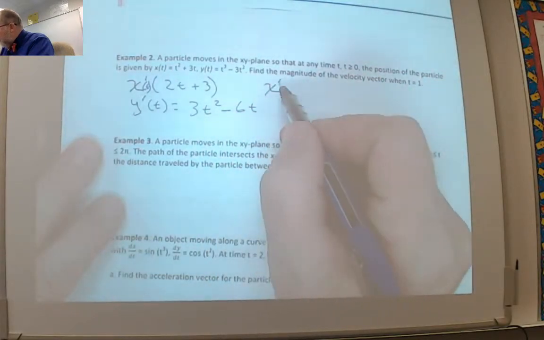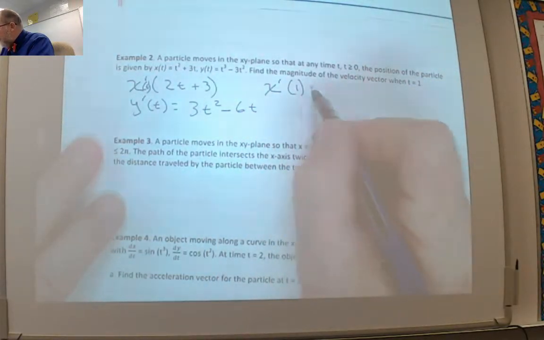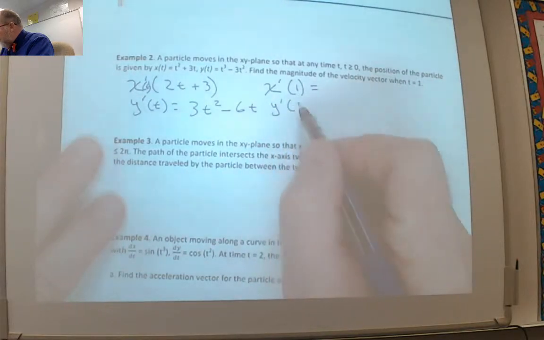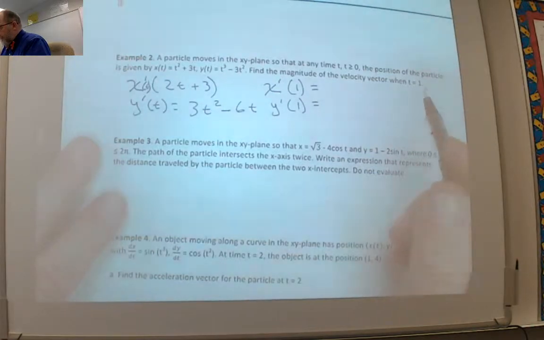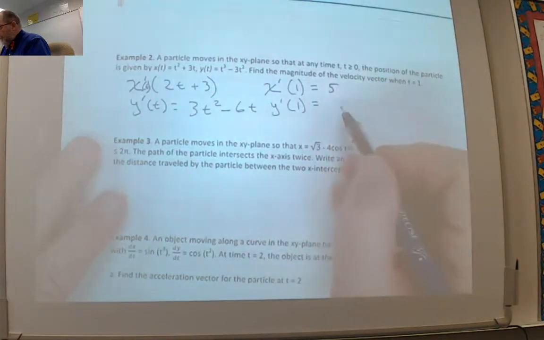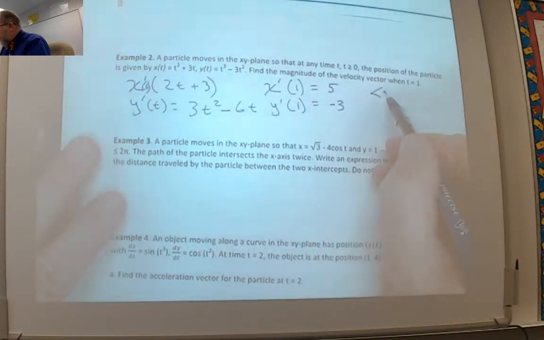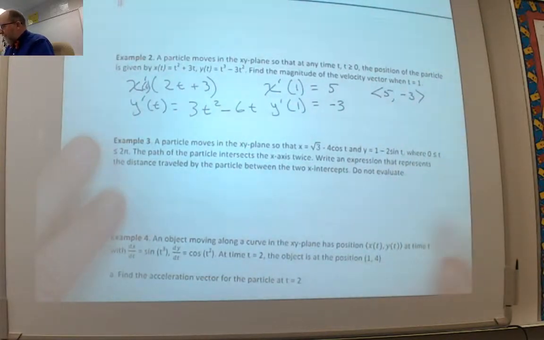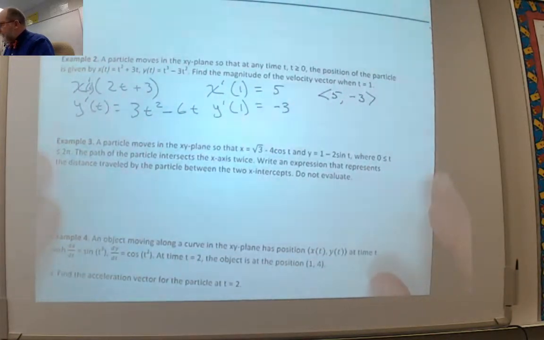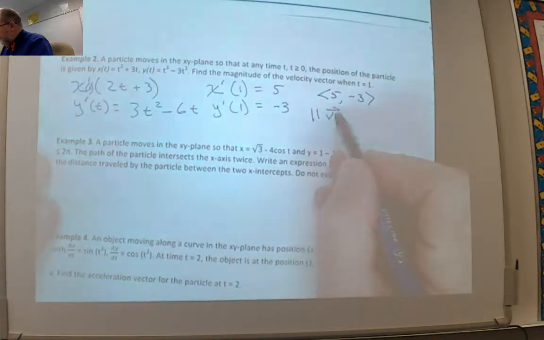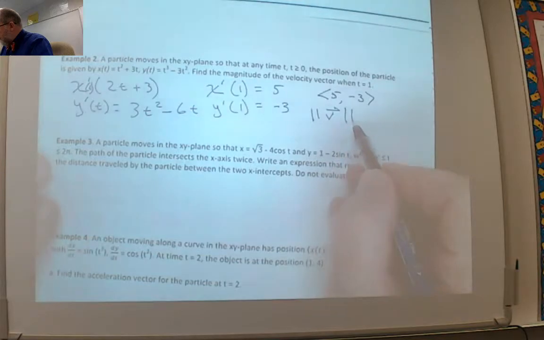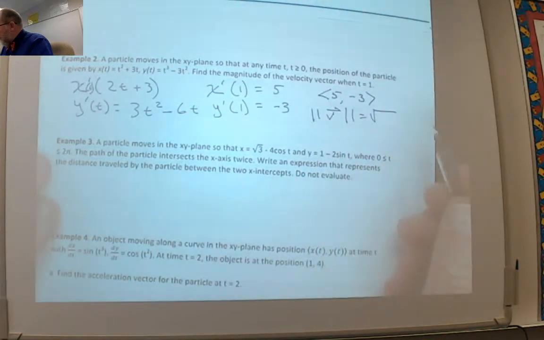So when I put 1 in there, and when I put 1 in here, what will I get, Sean? You'll get 5 for x and negative 3 for y. So my vector is this. What's the magnitude or length of that vector? It'll be the square root of 25 plus 9. Is that 34?